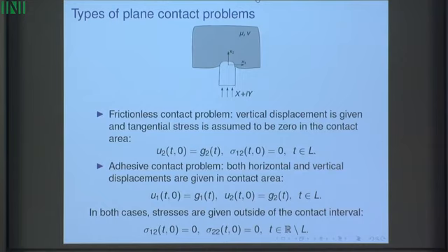And one of the important things about these problems is that they are mixed problems. You have one type of conditions inside of your contact interval and a different type of conditions outside of that interval. That makes these problems a little bit more difficult to treat mathematically, because if your conditions are the same everywhere, so for instance stresses are given everywhere, then one of the easiest things you can do is take an integral transform.